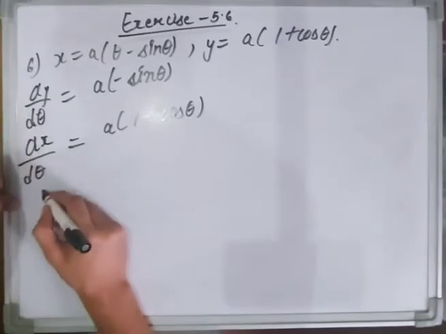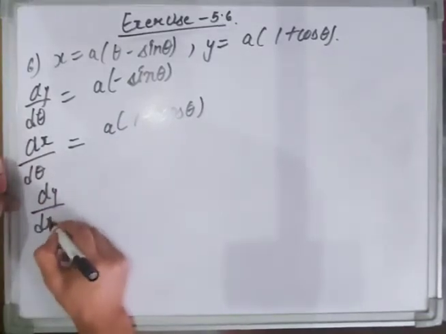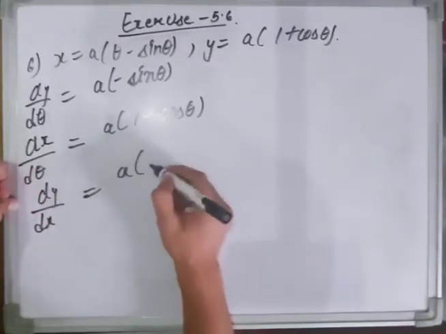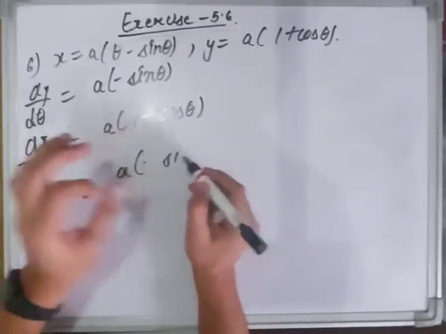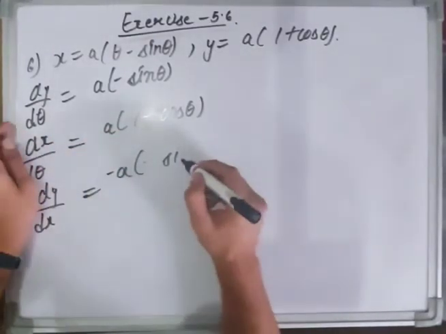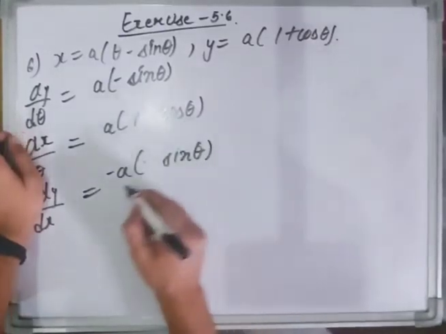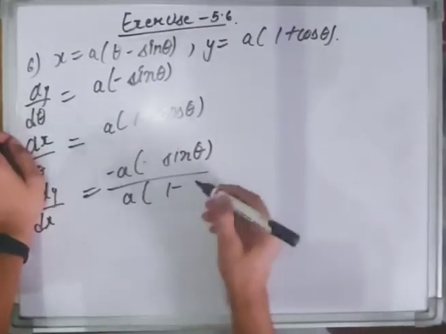So dy upon dx is a times minus sin theta. Let's take out this minus, and sin theta as it is, over a(1 minus cos theta).